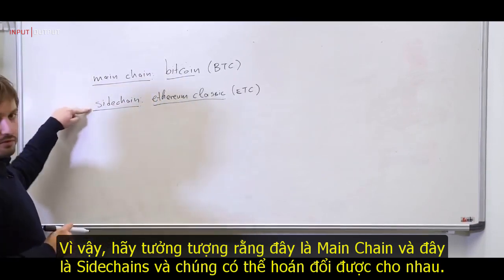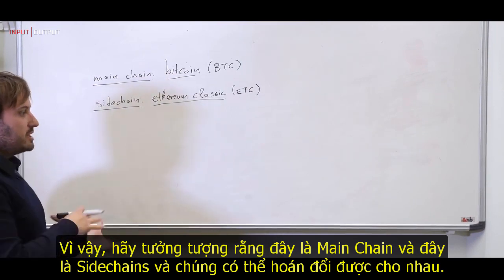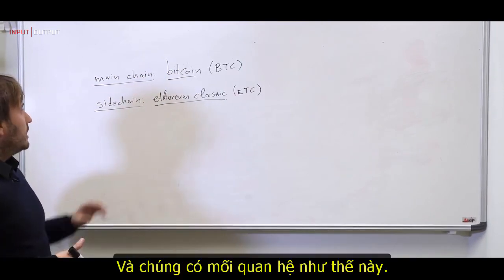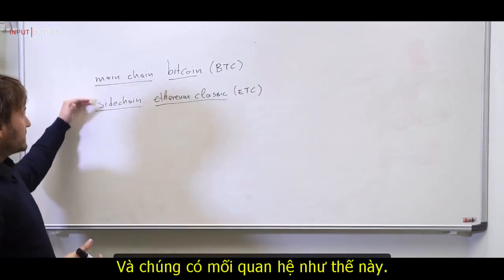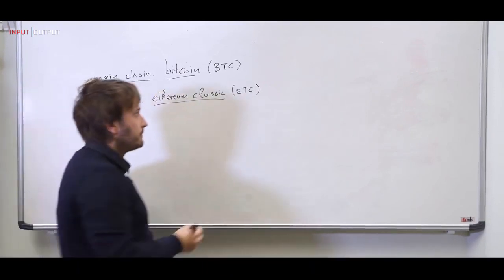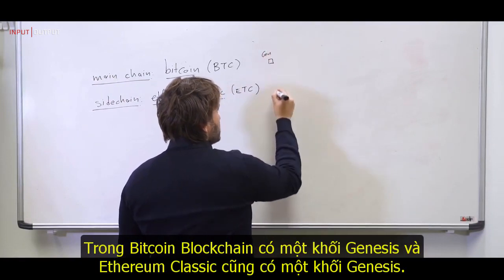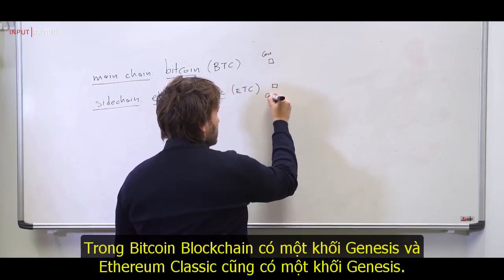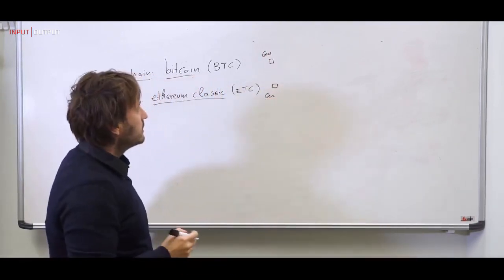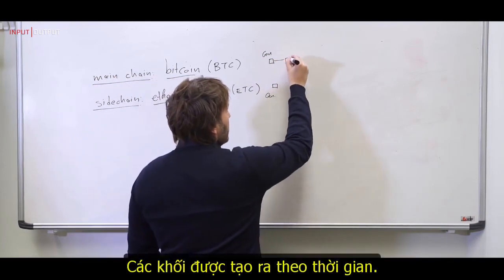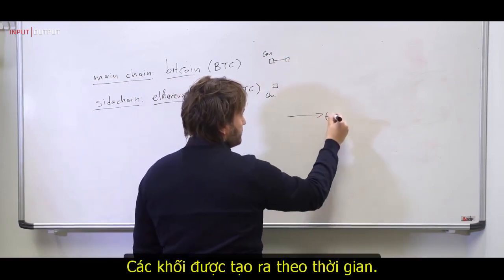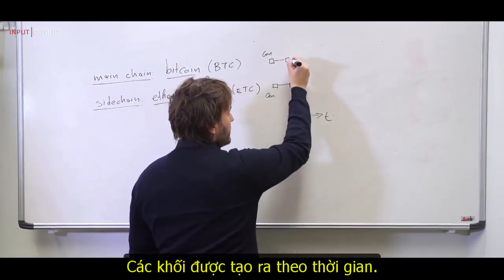Whether this is the main chain or this is the side chain can be swapped around, but for now let's imagine that they have this kind of relationship with them. Now, in the Bitcoin blockchain, we have a Genesis block, and the Ethereum Classic, we also have a Genesis block. And time goes by, and blocks are created.